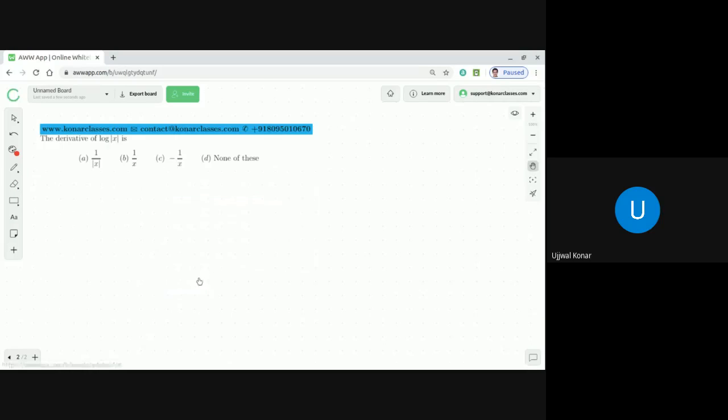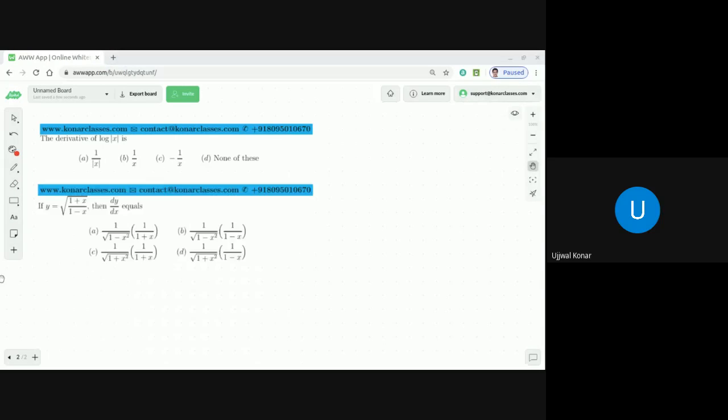So 5 problems from differential calculus and 5 from integral calculus.